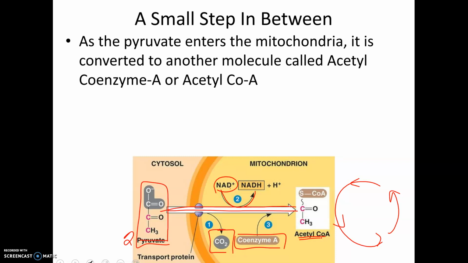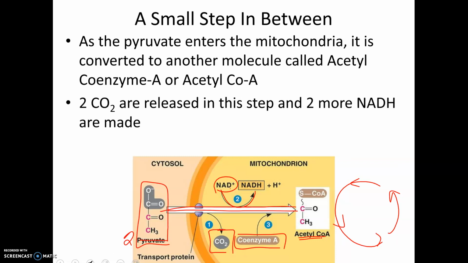The reason it's called oxidation of pyruvate, and I don't know if you paid attention to the little Amoeba Sisters video we watched yesterday, but pyruvate becomes what's called oxidized. Oxidation is when it loses an electron. So because pyruvate loses an electron in this process, it is becoming oxidized, and so it's called oxidation of pyruvate.